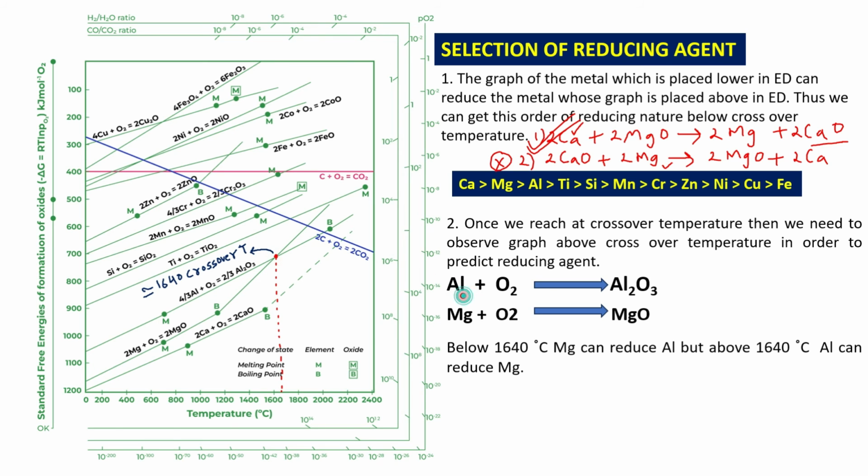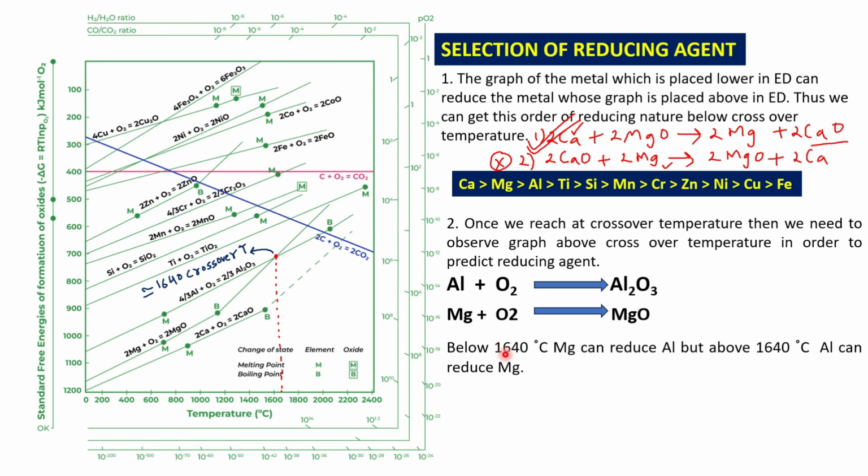Aluminium reacts with oxygen forming aluminium oxide, and magnesium reacts with oxygen forming MgO. These are the two reactions, but now the crossover temperature is reached. Above the crossover temperature, that means above 1640, you can see the aluminium graph is placed lower than the magnesium graph. So in that case, aluminium would be the better reducing agent.